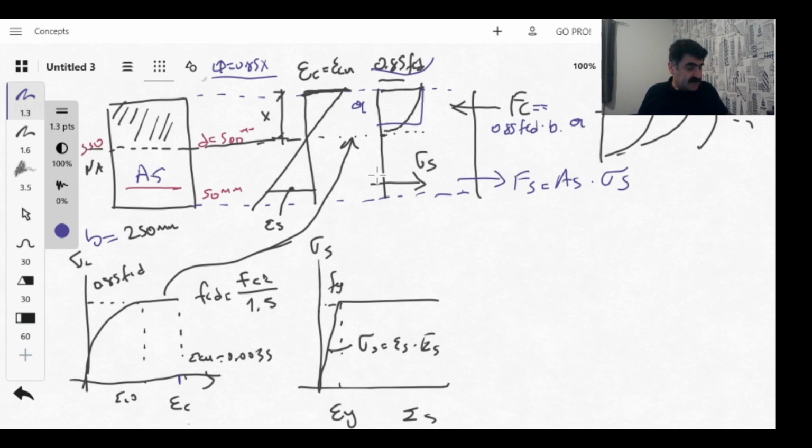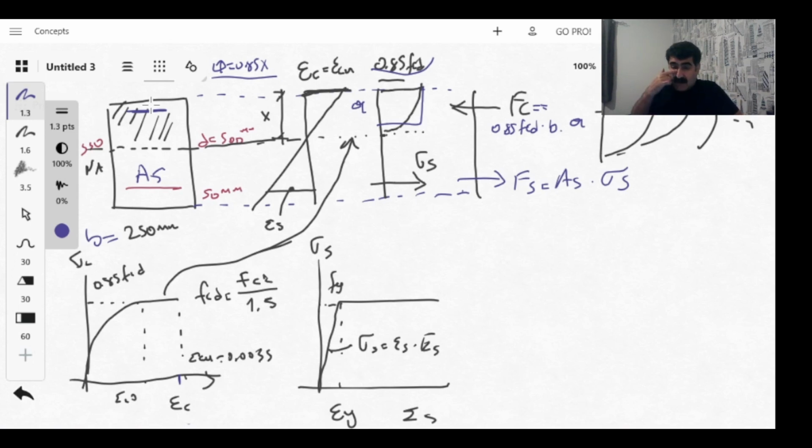So here for this example, how am I going to calculate the steel area? First I need to check if the moment is big or small. Can this section carry this moment, or do I need double reinforcement? Do I need to put reinforcement in the compression zone as well? So I need to check.